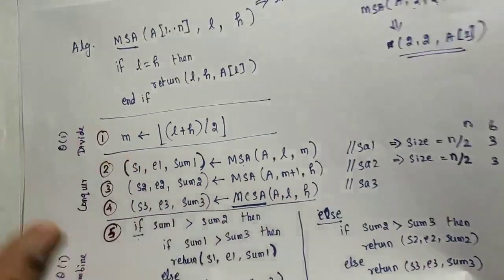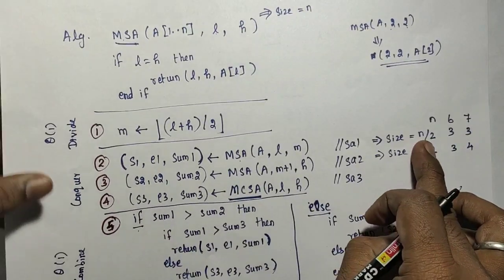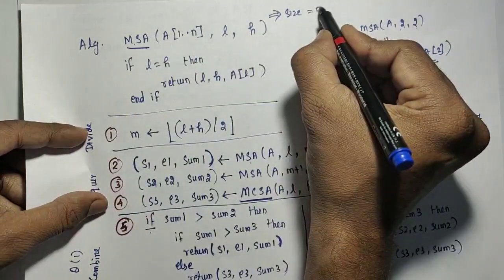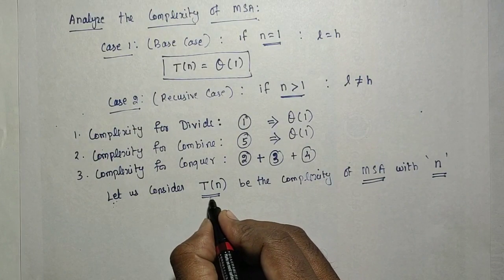So now the time complexity of the main algorithm for the input size n is T of n.